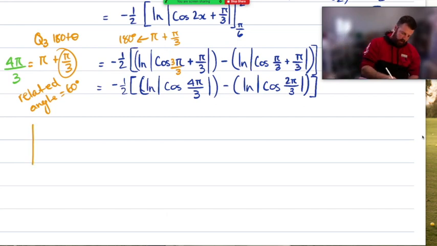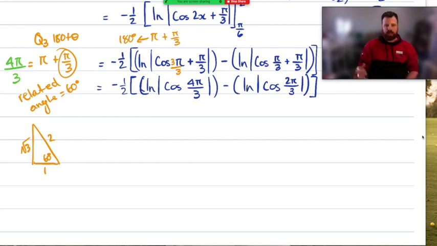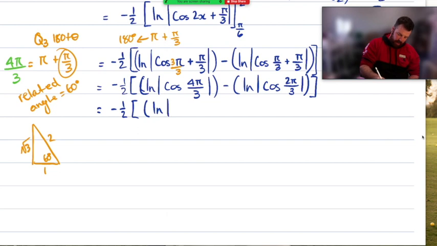So thinking about that triangle, I have 60 degrees down here, that's 2, that's 1, and that's root 3 in that triangle there. Cosine is adjacent over hypotenuse. So cosine of pi over 3 is half, because we're in the third quadrant, that's negative half. That was a bit crazy. I think I talked a bit fast through that, so hopefully you followed that. But I know what I've got here is my first bracket is ln, the absolute value of negative a half.